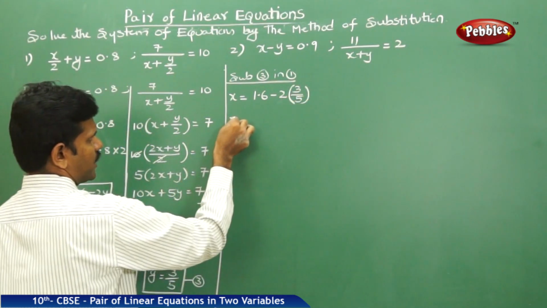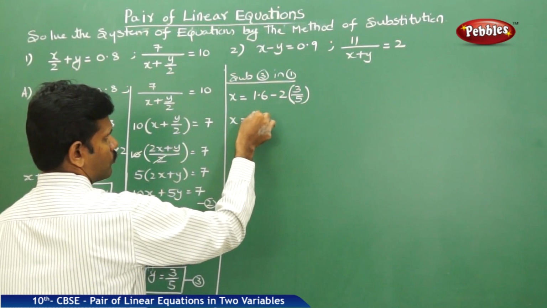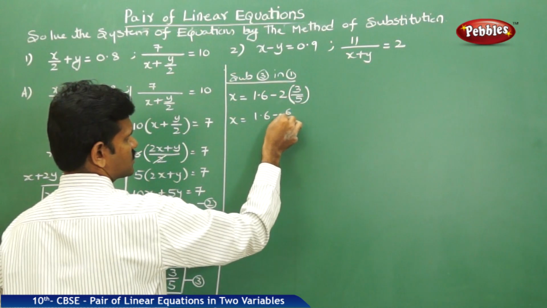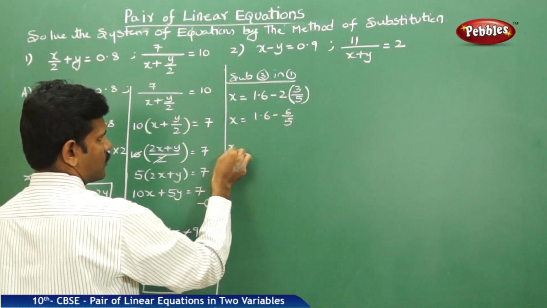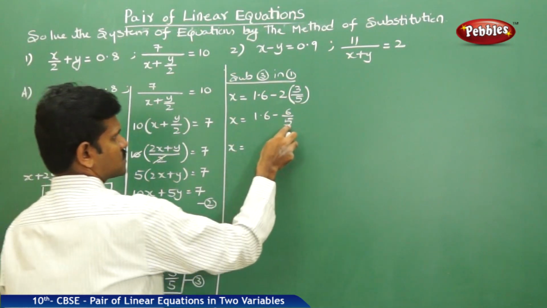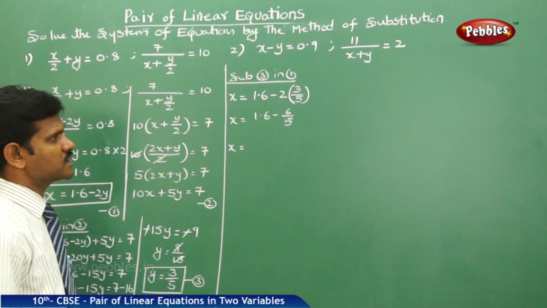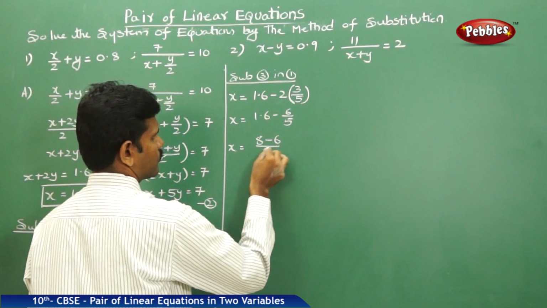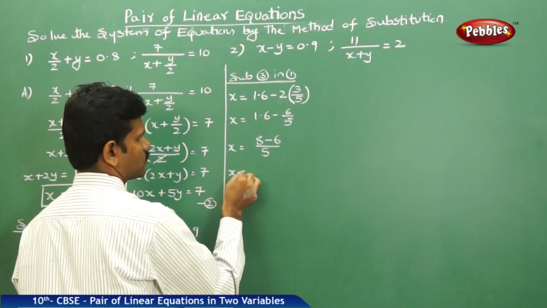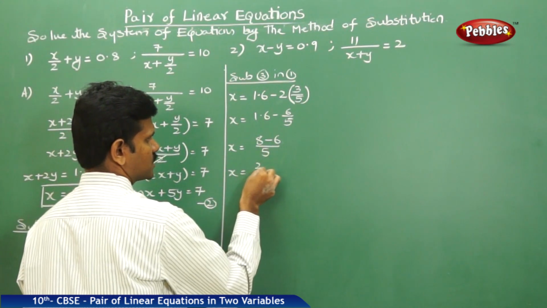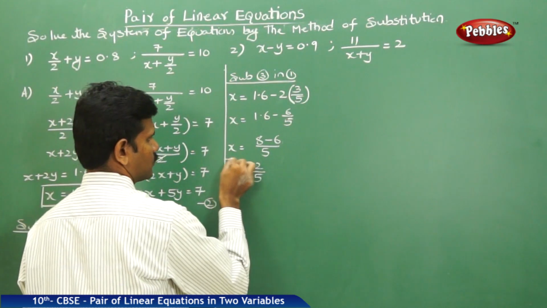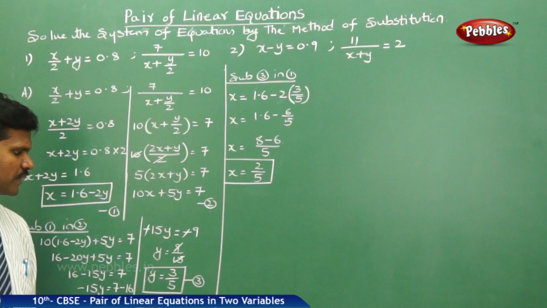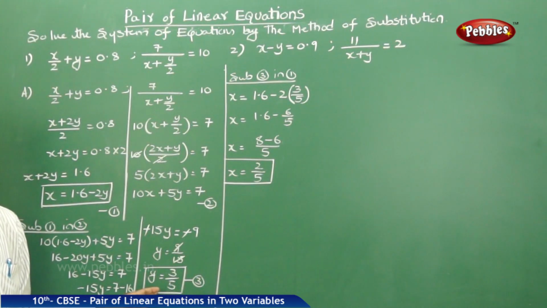That is, x is equal to 1.6 minus 2 threes are 6 by 5. x is equal to 16 fives are 80, that is 8, minus 6 by 5. That is, x is equal to 8 minus 6, that is 2 by 5. Therefore the value of x is 2 by 5 and the value of y is 3 by 5.